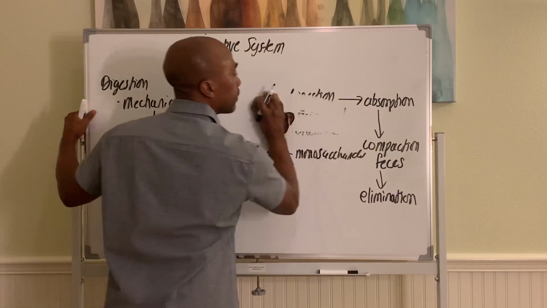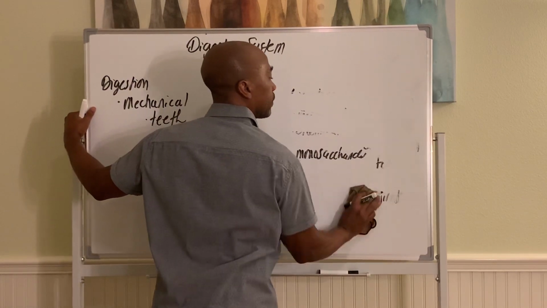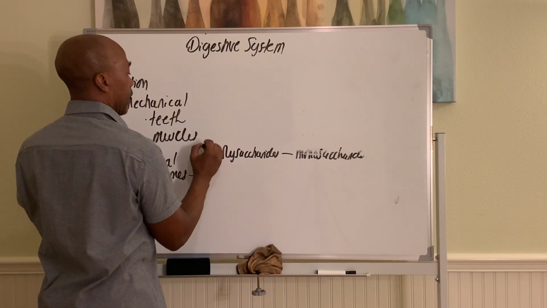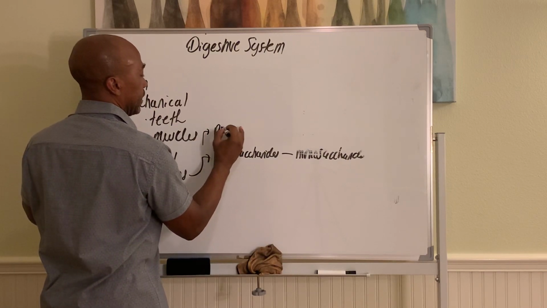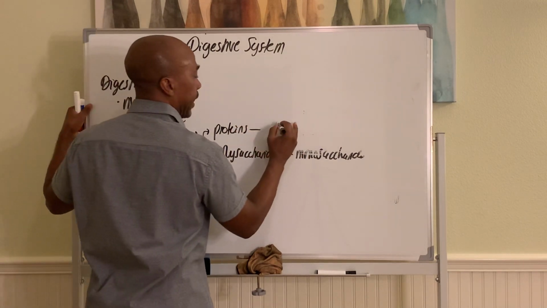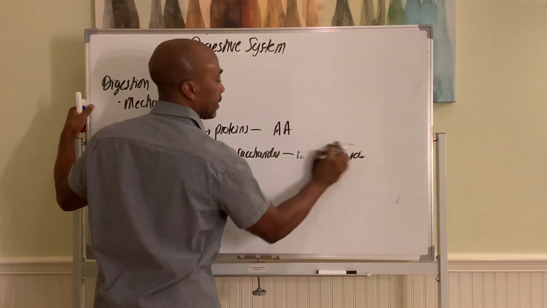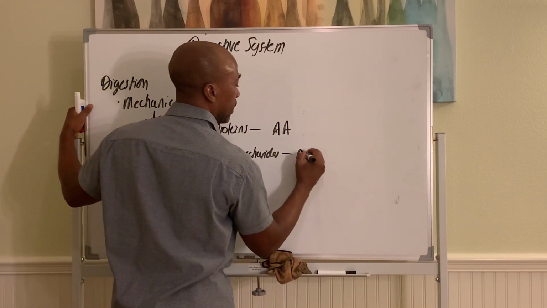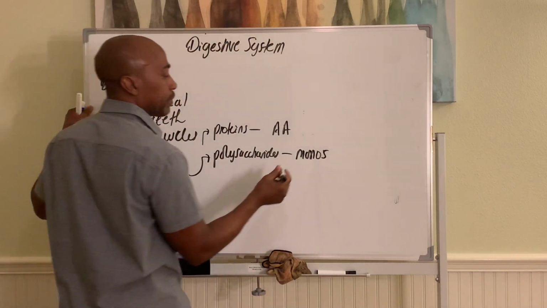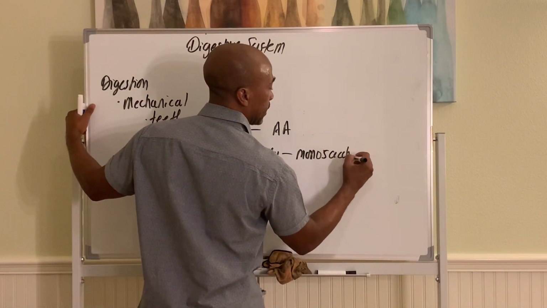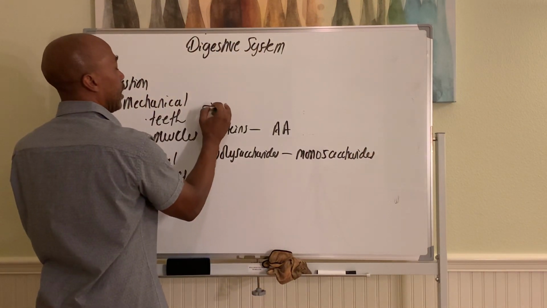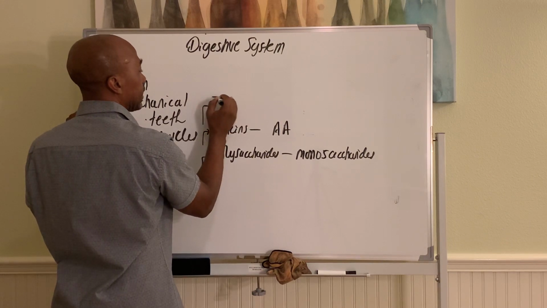You also have your proteins, which get broken down into your amino acids. This is monosaccharides. This should be some recall from the first couple of weeks of a semester. And then you have your triglycerides.